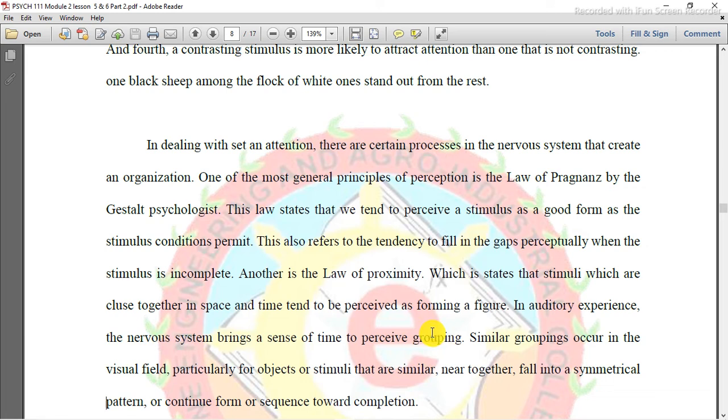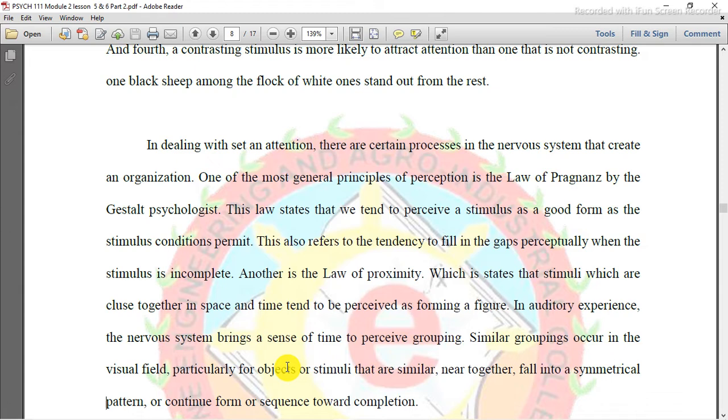Sometimes yung mga stars parang naiisip mo parang pumuporma siya ng kahit ano. Sometimes pag makita mo yung clouds sa taas, may mga times na yung clouds nagpuporma ng teddy bear, nagpuporma ng something. And according to the law of proximity, stimuli which are close together in space and time tend to be forming a figure. Nagpo-form siya ng figure. Okay?